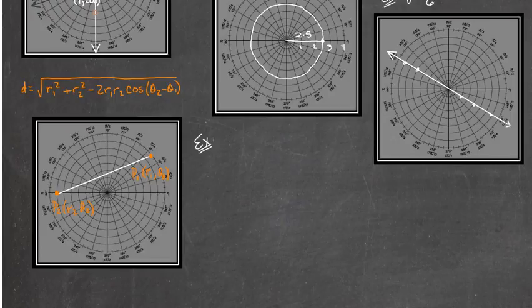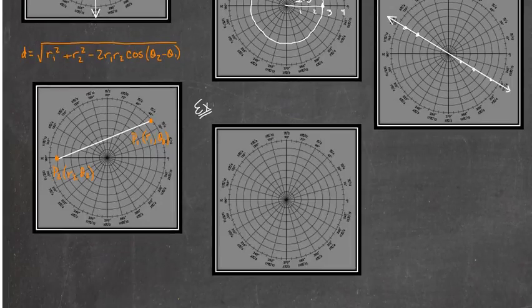First I need a polar grid, but let's start by writing them down. Airplane A is at the coordinates 8, 60 degrees, and airplane B is at the coordinates 4, 300 degrees.